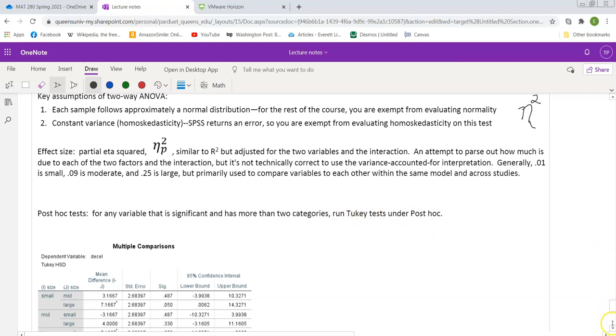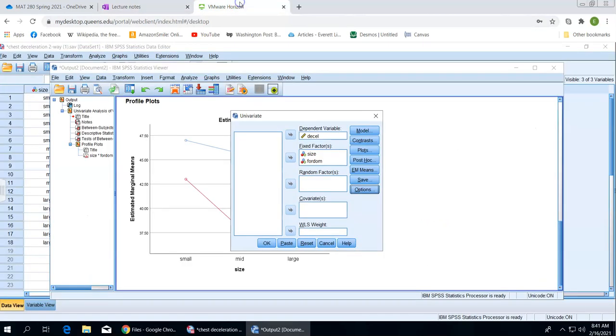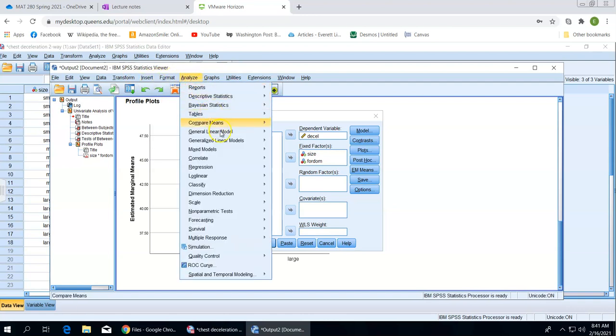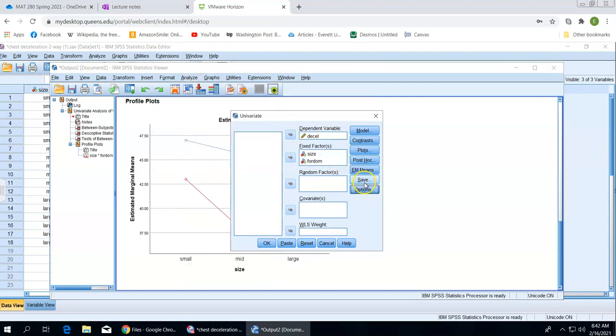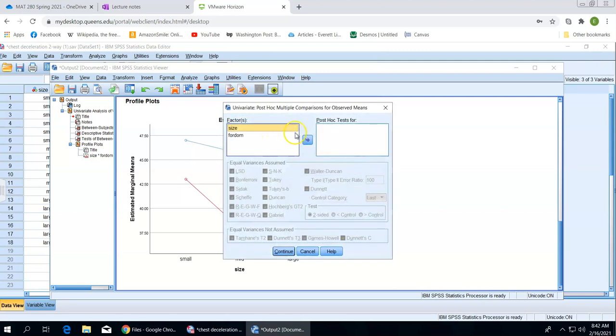And we're still going to run the Tukey tests. To get to the Tukey tests, going back to our general linear model univariate, and then look for post hoc. We wouldn't do a post hoc test for foreign or domestic because it only has two values.